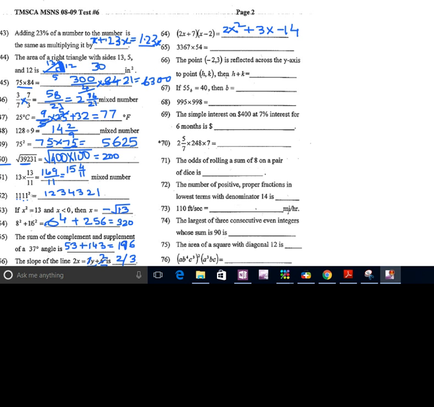Question 65, 3,367 times 54. 3,367 actually can be written as 10,101 divided by 3 times 54. So 54 divided by 3 is 18. So essentially we are multiplying 18 with 10,101.